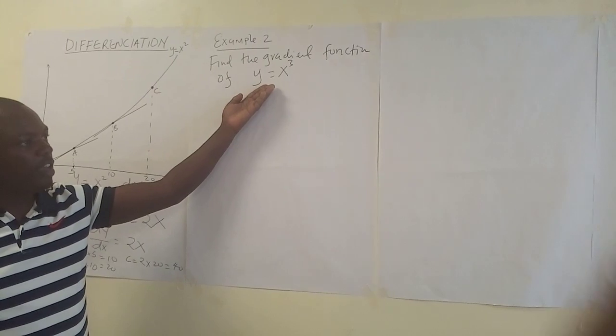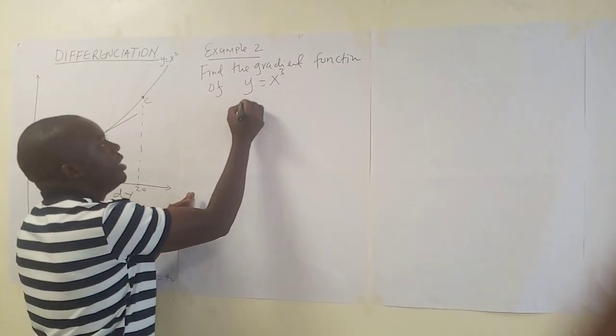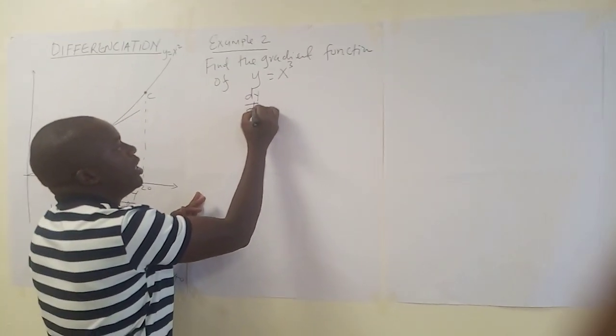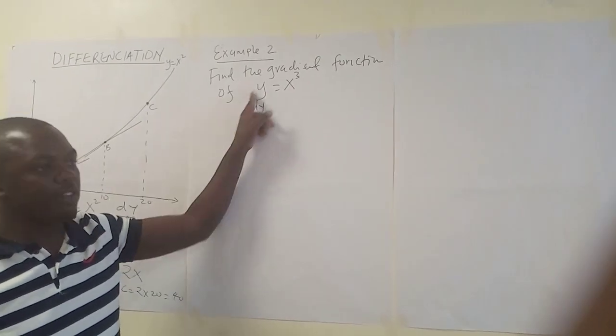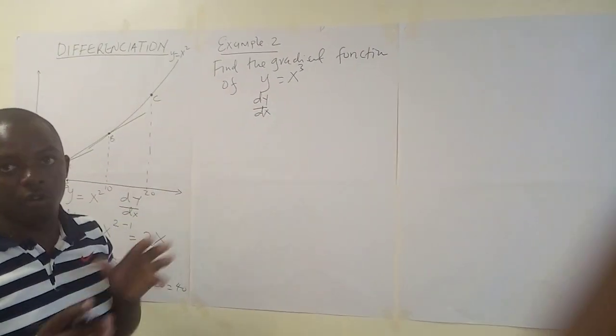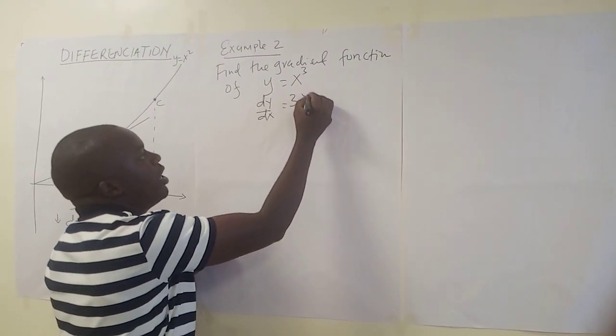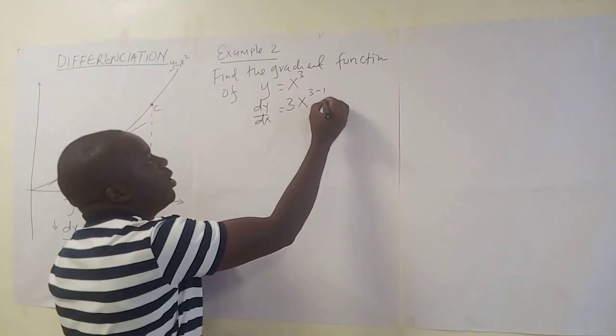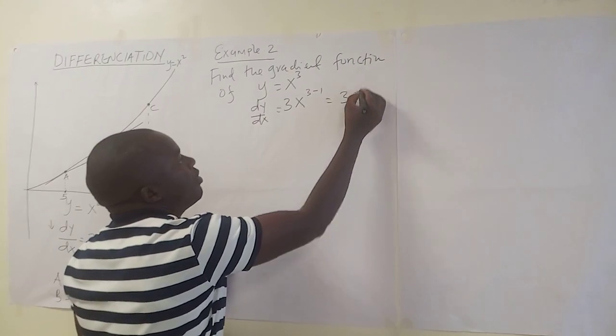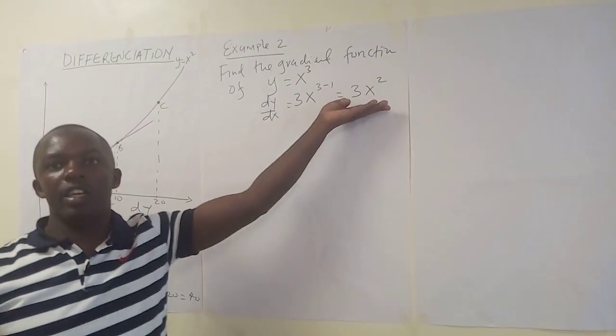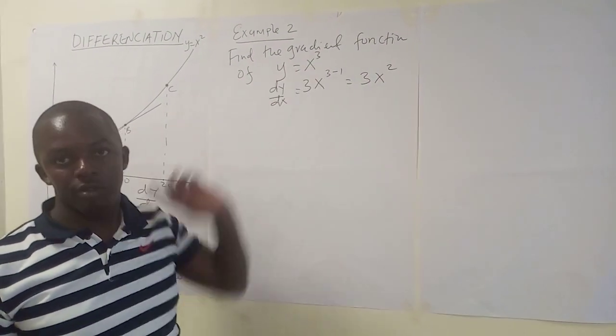So the easiest way is to write dy/dx, that is the gradient function. That's how it's called a derivative actually. So you bring 3 here, it's going to be 3x to the power 3 minus 1, and this is going to be 3x squared. This is the gradient function of this curve.